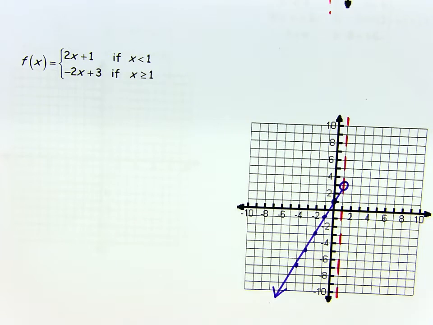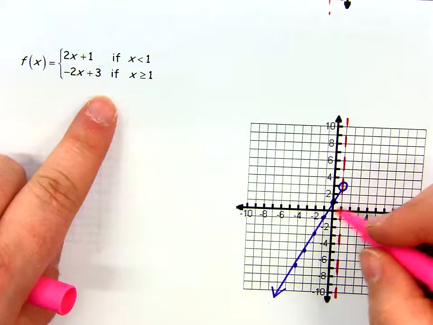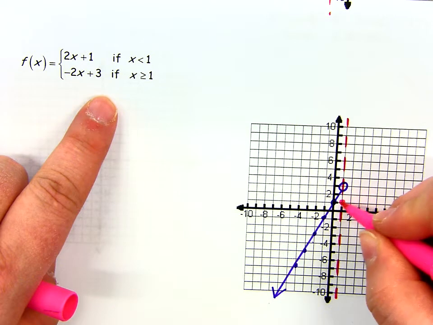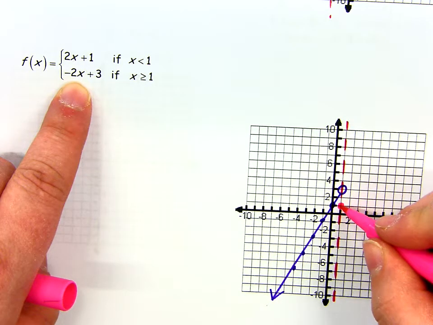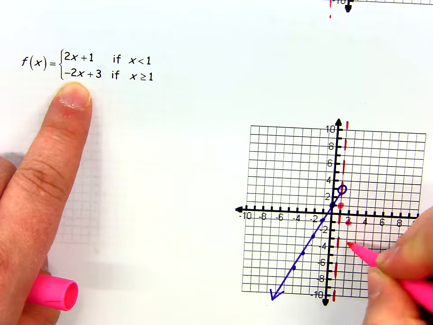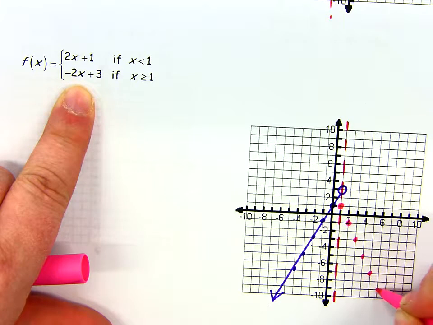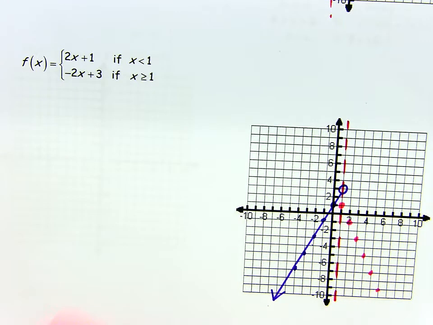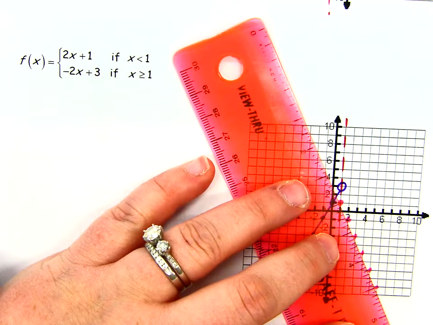And should I use an open or closed dot for that? Closed this time. And then just follow my slope. It's easier on the right-hand side because it is just what it tells you to do. Down 2 over 1. So from that point, I just go down 2 over 1, down 2 over 1. And connect my dots, and I should be all set.